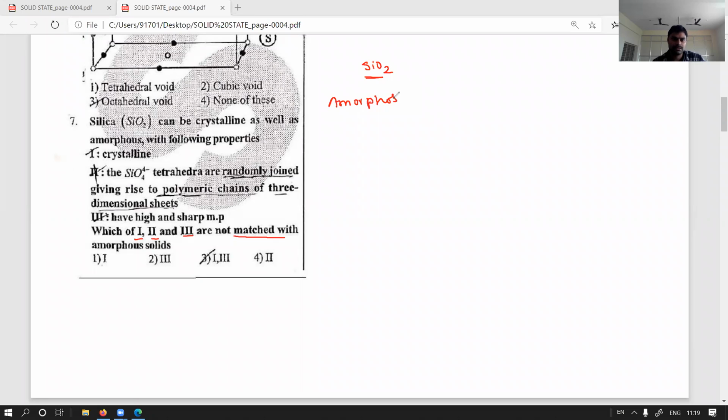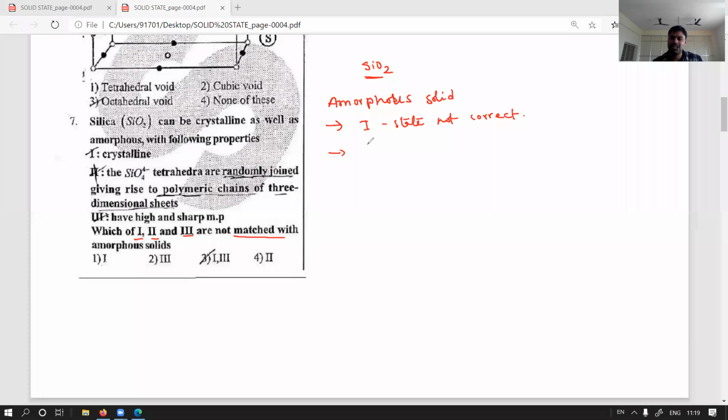Amorphous solids do not have a crystalline structure, so the first statement is not correct. They also do not have sharp melting and boiling points or high melting points.